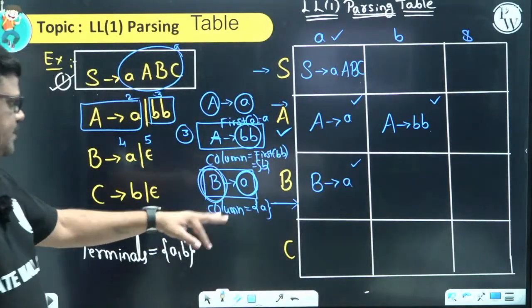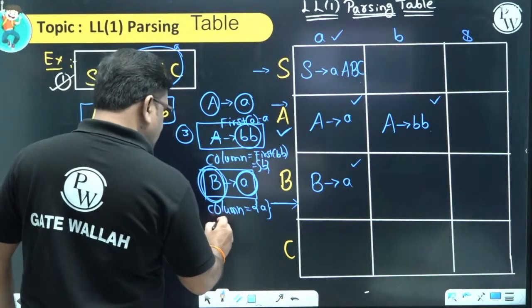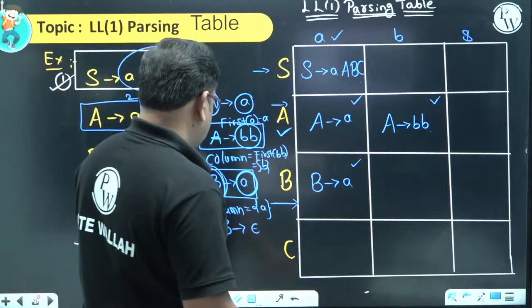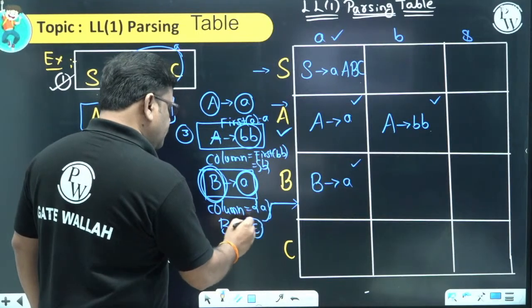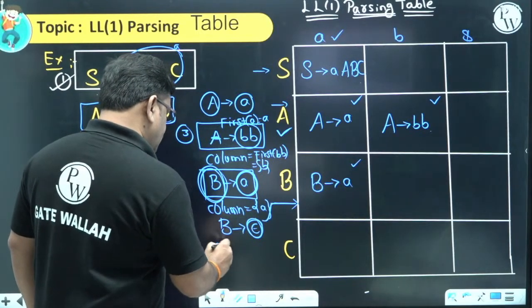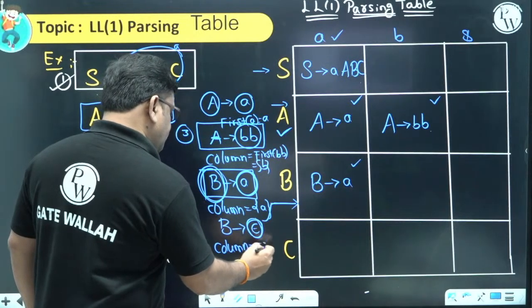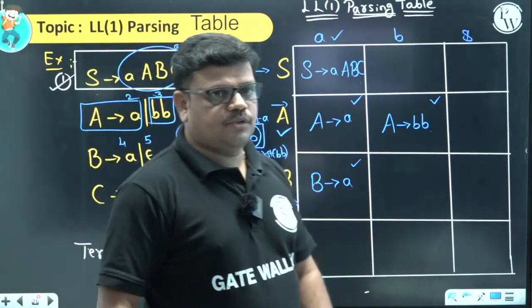Okay, next one is B to epsilon. The row for this will be B, then the column is first of epsilon.